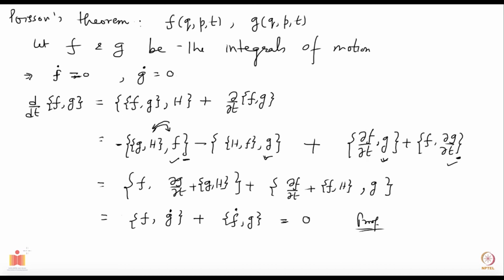So if your system is n-dimensional, okay, let's say n generalized coordinates describe the system, then you know that you will have a total of 2n minus 1 integrals of motion. Okay, so you can imagine that the total number of constants which you will get by doing the integrals will be 2n minus 1. You can count it this way.